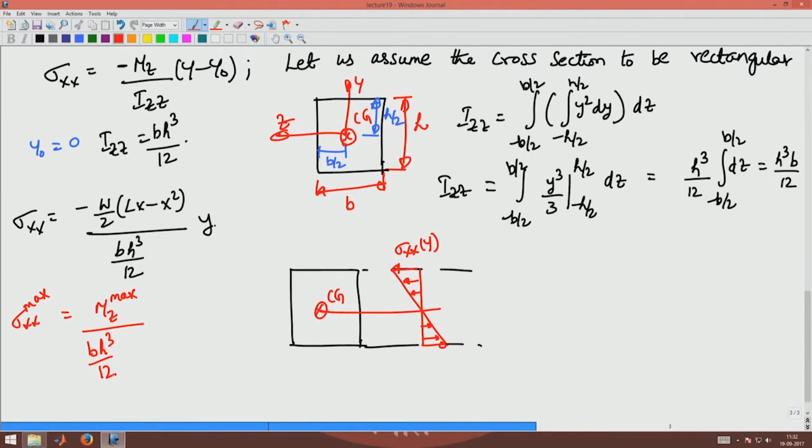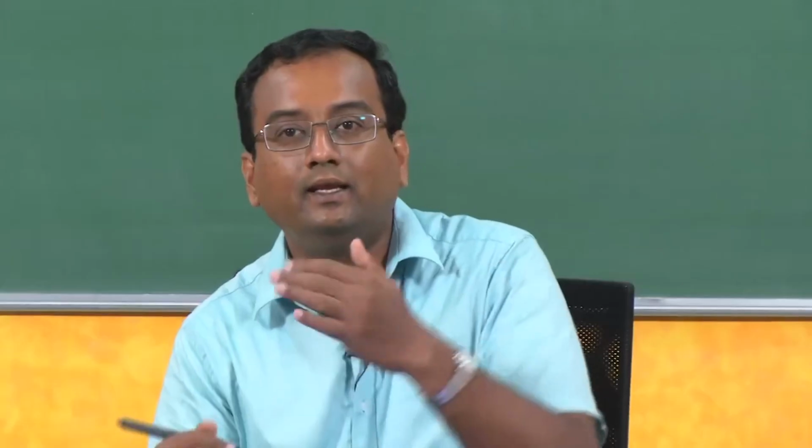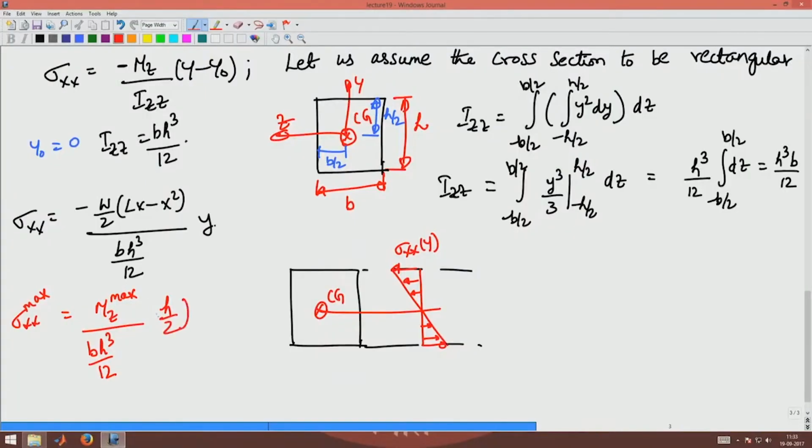Since it is varying linearly, the extreme points are where the maximum occurs, so it will be at y equals h by 2. We just now saw that Mz max is given by WL square by 8, and so this expression becomes, into 6 by bh square, sigma xx max.